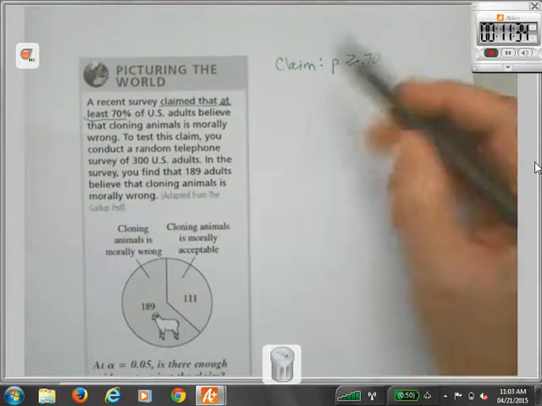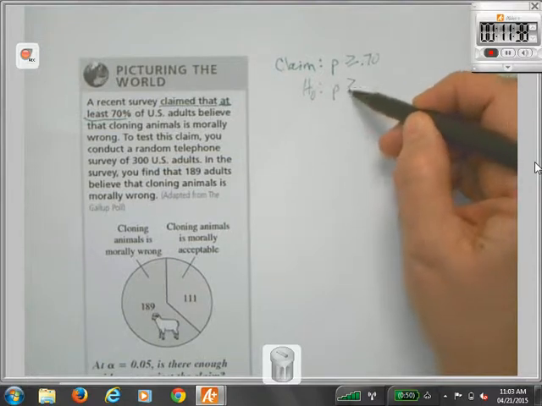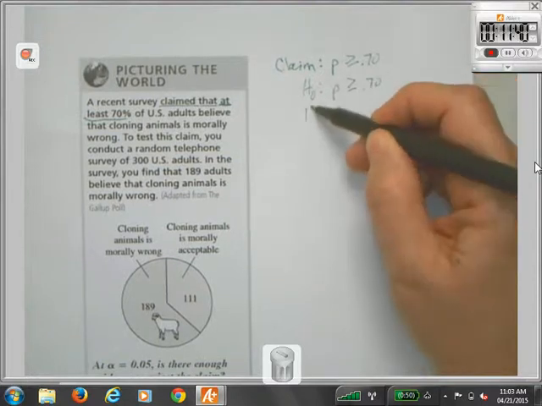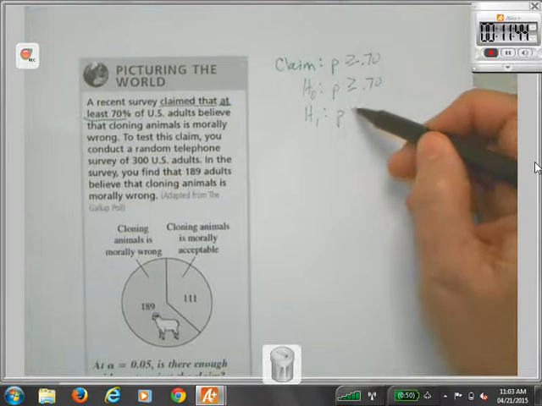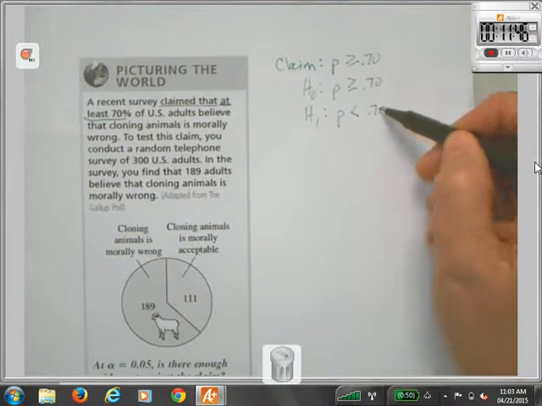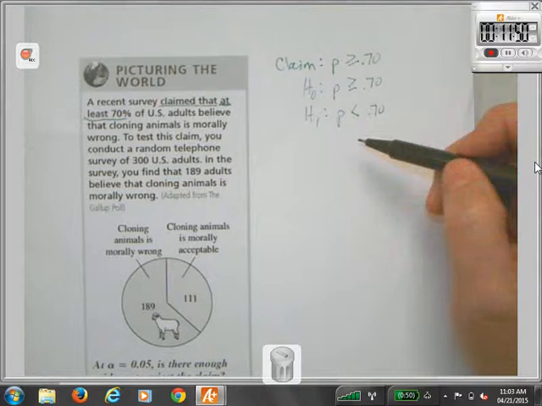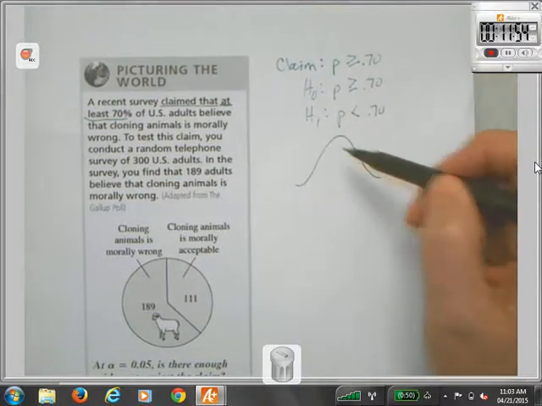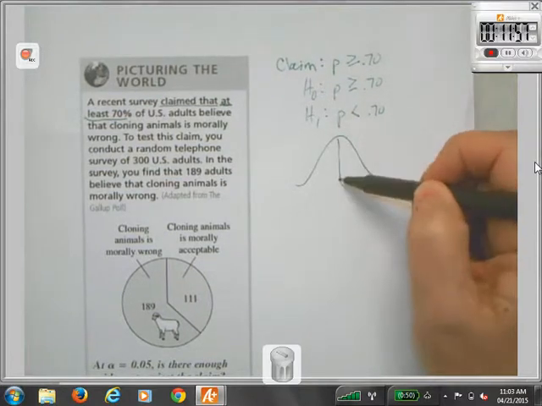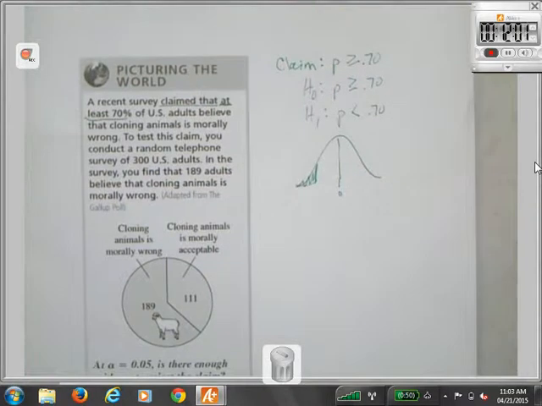Therefore, it's going to be in the null hypothesis. That's how you decide. And then the alternative hypothesis will have the opposite, which in this case will be a less than sign without the equal to. The less than sign tells us that we have a one tail to the left curve.